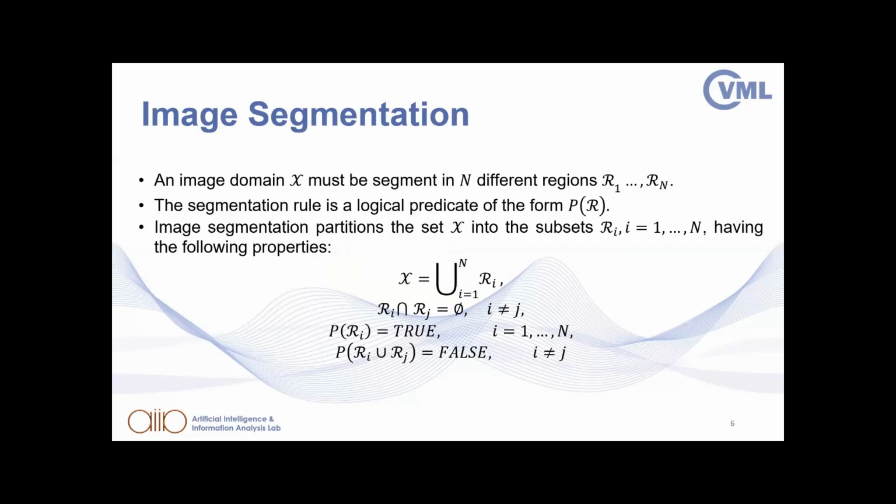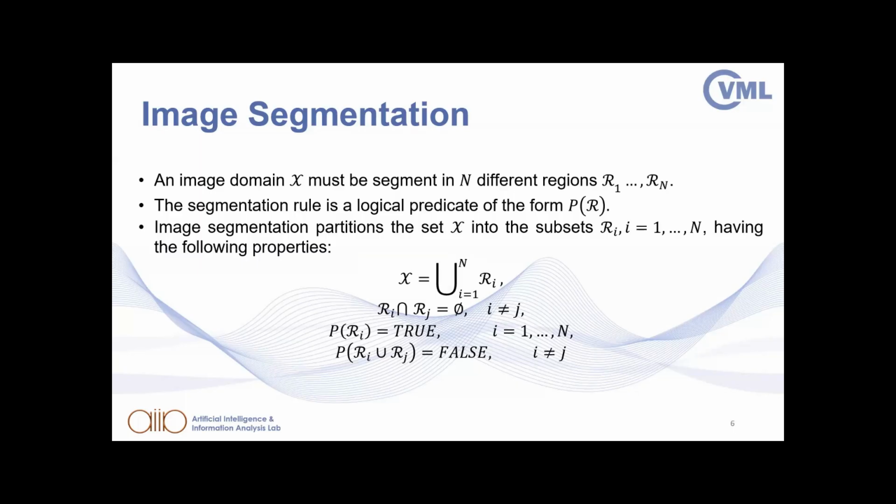Here I'm going to analyze the mathematical principles of image segmentation. When we perform segmentation, we take an image domain, represented here as capital X, and divide it into n distinct regions labeled as R1 to Rn. Each region corresponds to a specific segment of the image, for example, flooded areas or non-flooded areas or other relevant features.